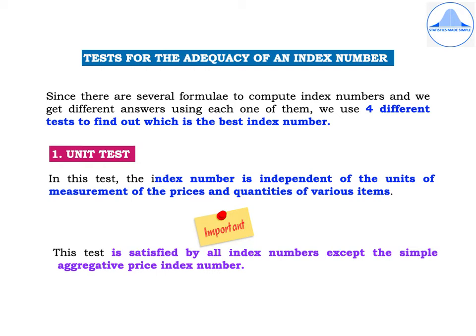For example, if the prices are measured in terms of, say, rupees, dollars, pounds, or some other unit of measurement, and the quantities of various items are expressed in the form of kgs, grams, liters, milliliters, or any other kind of measurement, then the index number is independent of the units of measurements of both the prices and quantities. So this test is satisfied by all the index numbers except the simple aggregative price index number.